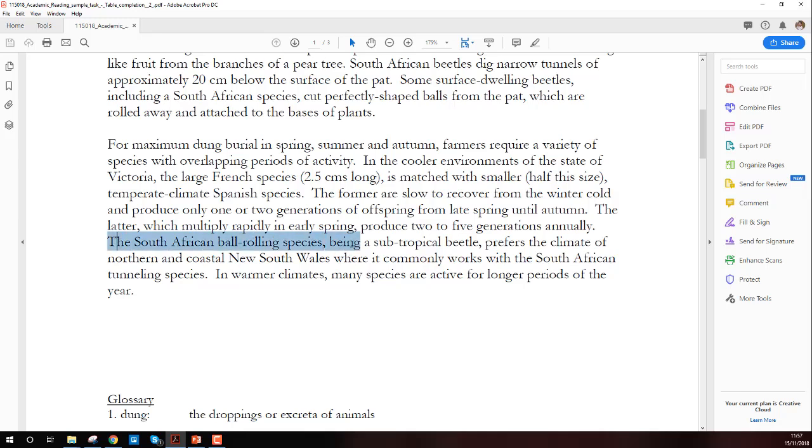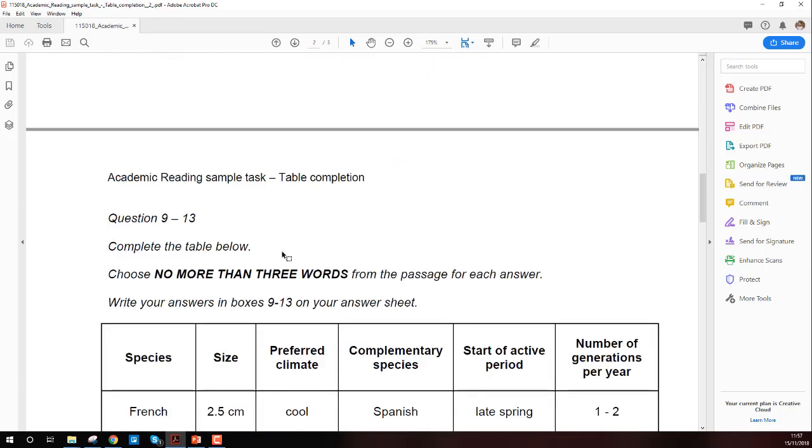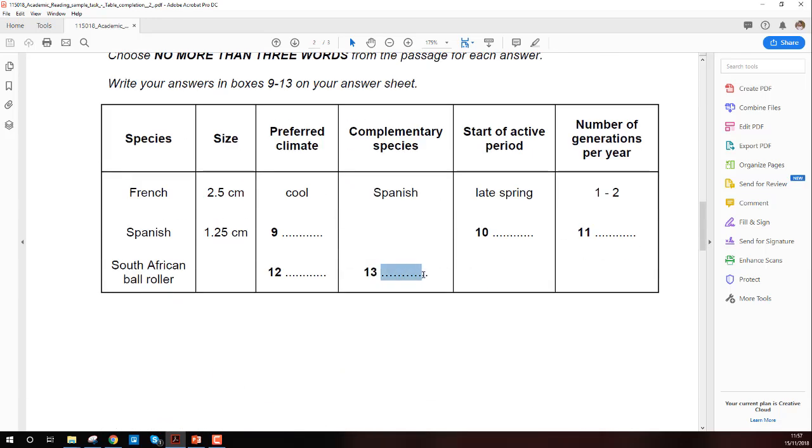The South African ball rolling species prefers the climate of northern and coastal North-South Wales, where it commonly works with the South African tunnelling species. Works with, complementary, so we're going to put South African tunnelling. Okay, so we put here South African tunnelling.